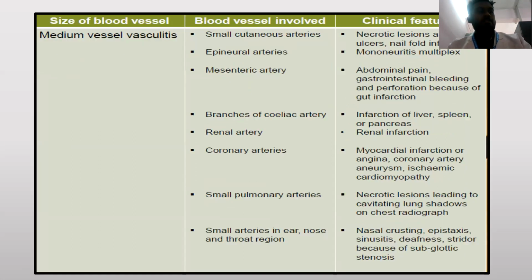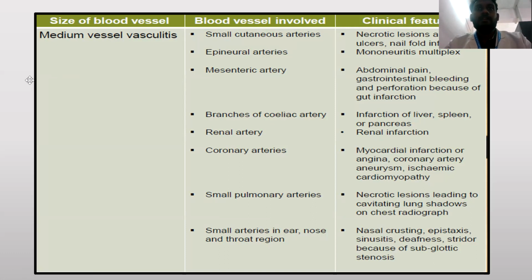If it is medium vessels which are affected, and it is the cutaneous arteries, then it can present with necrotic lesions, ulcers, nail fold infarcts, and livedo. If nerves are affected, meaning the vasa nervorum arteries, it will lead to mononeuritis multiplex.